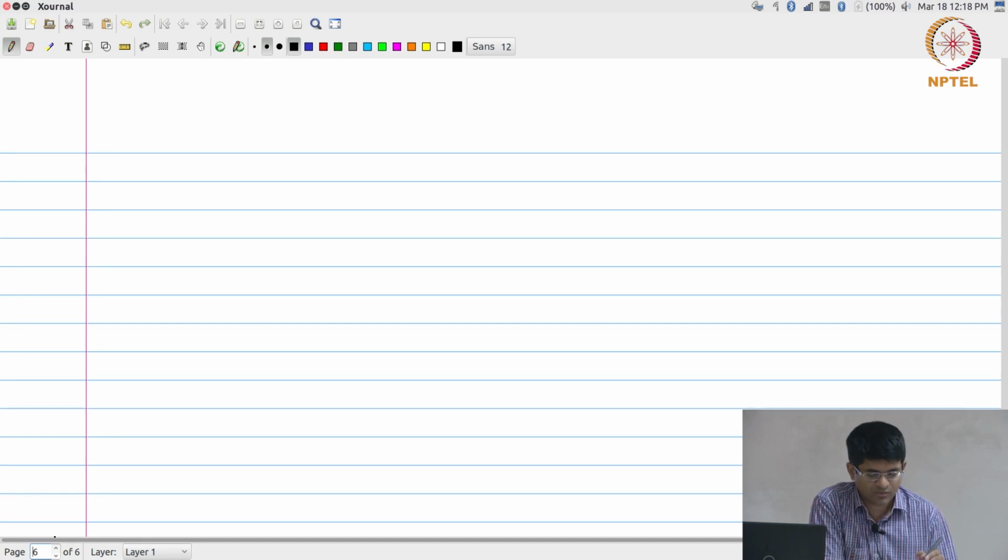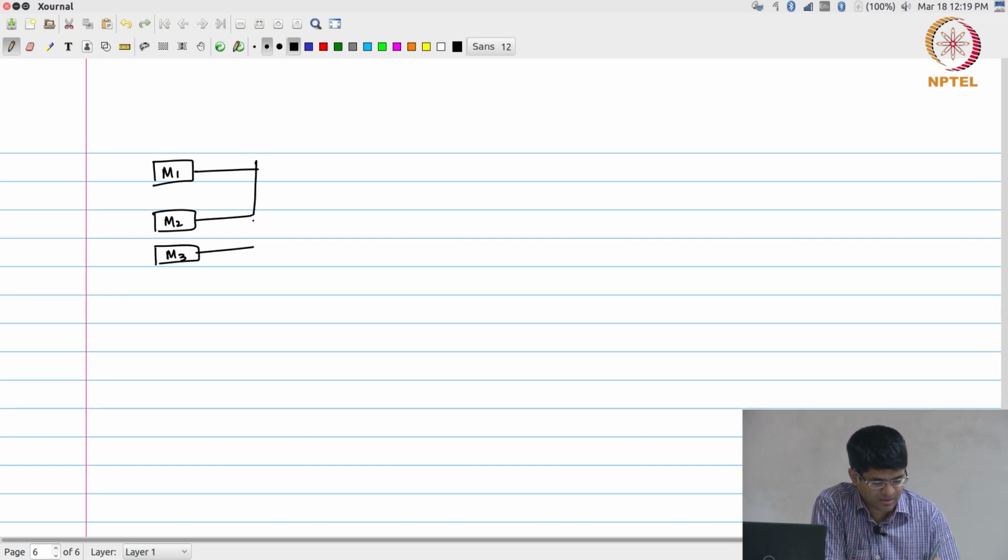So, in this situation, what I would now say is, if I had a situation where multiple modules needed to talk to each other, I could now look at M1, M2 and M3, right, and they all go into one black box which is sitting on the side.